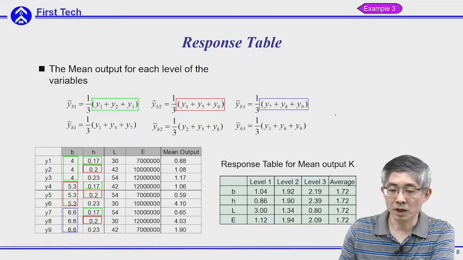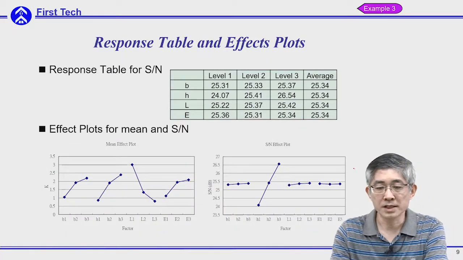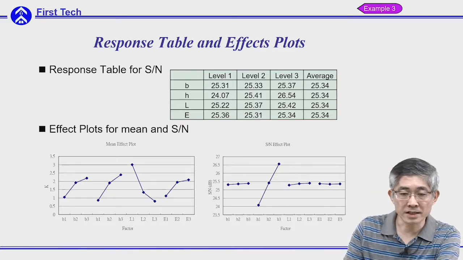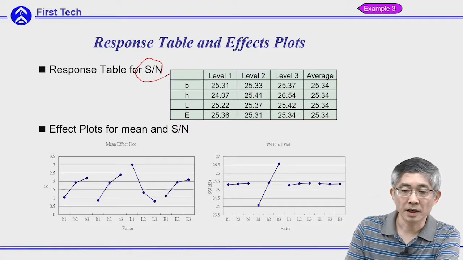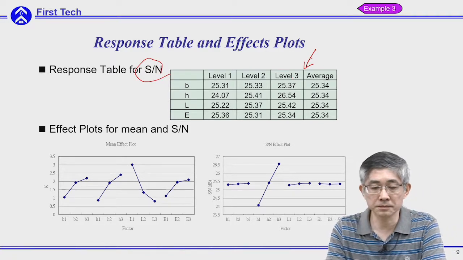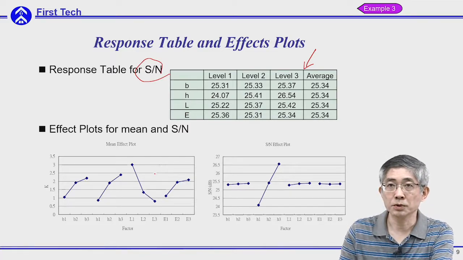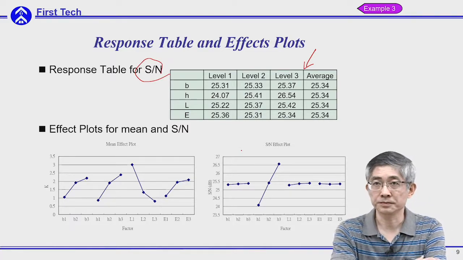For the first one, we are using the mean output to obtain the response table. A similar process can be applied to the SN ratio output, and then we can obtain the response table for the SN ratio. This is the effect plot for the mean output and the SN ratio.